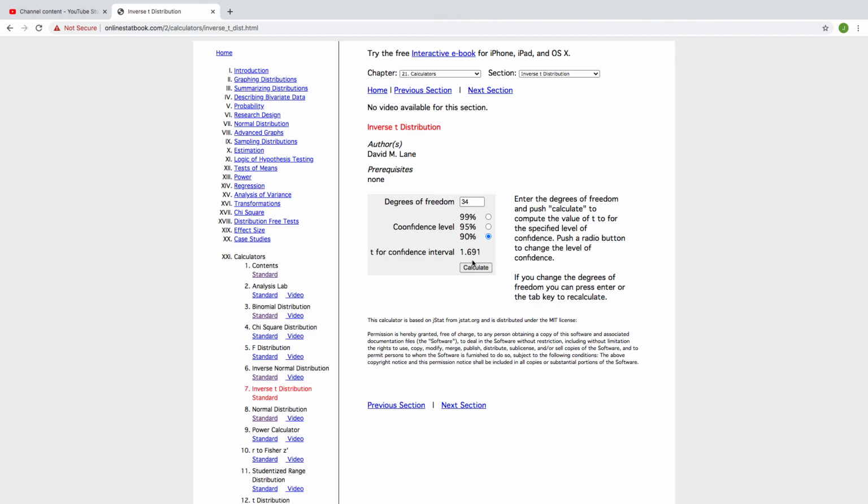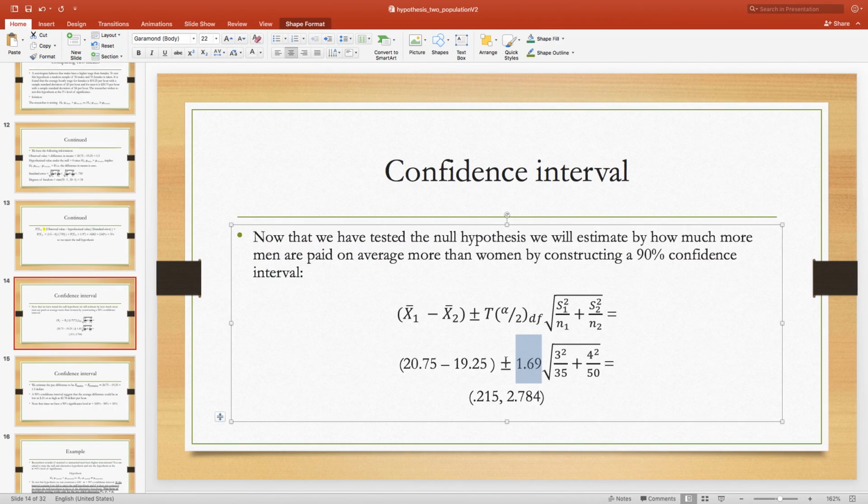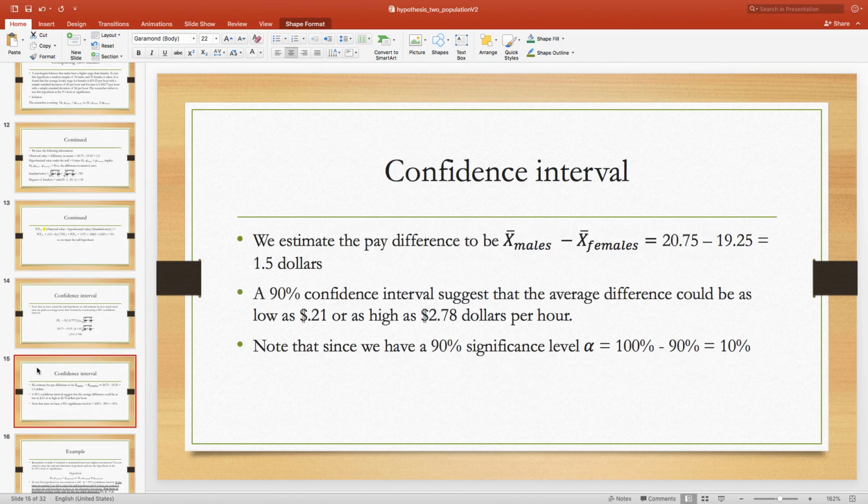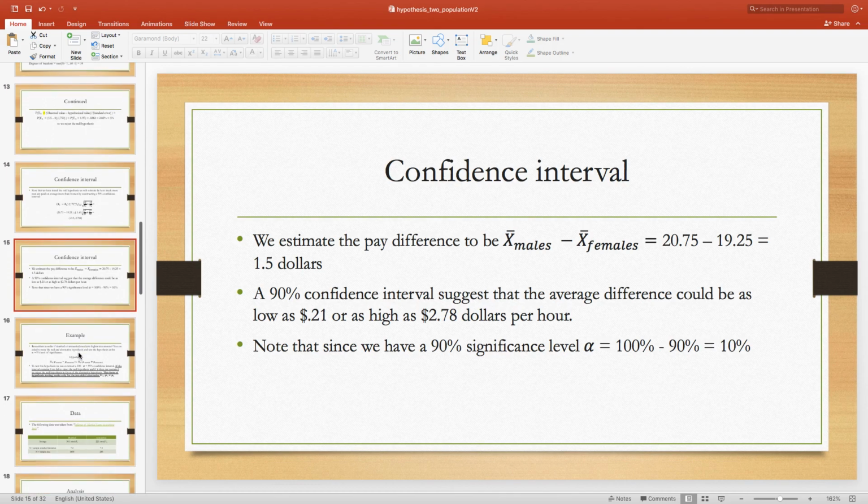I get 1.69, and that is exactly how I got that number. So this is just what we've talked about before. The estimated difference is $1.5 an hour. The 90% confidence interval says it could be as little as $0.21 or as much as $2.78.